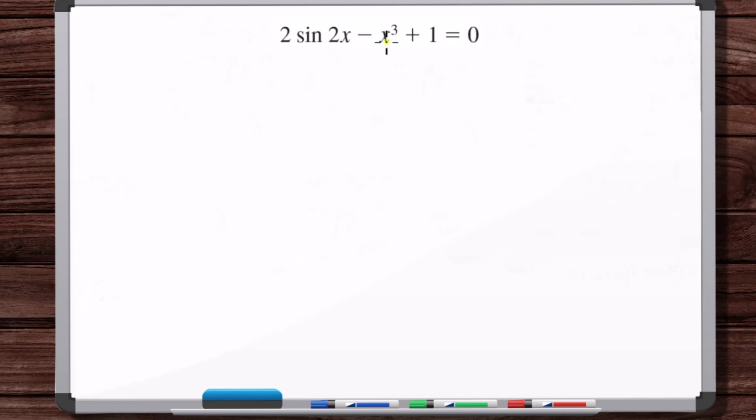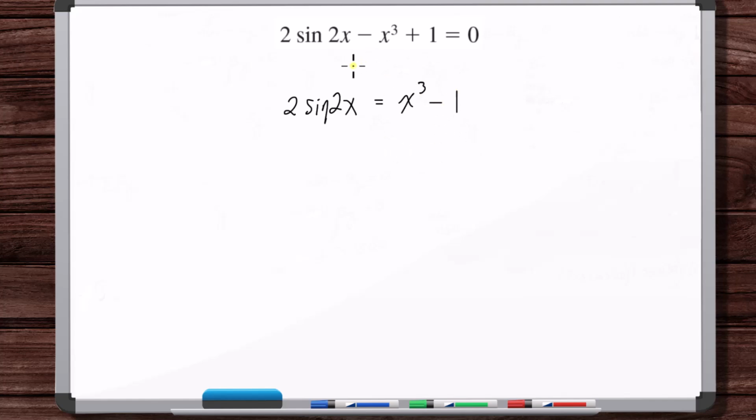Same idea here. You could have had all this mixed around in an entire equation, but you bring everything to one side, set the other side equal to 0. You don't even technically have to do that. Another thing we could do is, let's say you had 2 sine of 2x is equal to x cubed minus 1, you could graph 2 sine of 2x and then also graph x cubed minus 1 and see where they intersect.